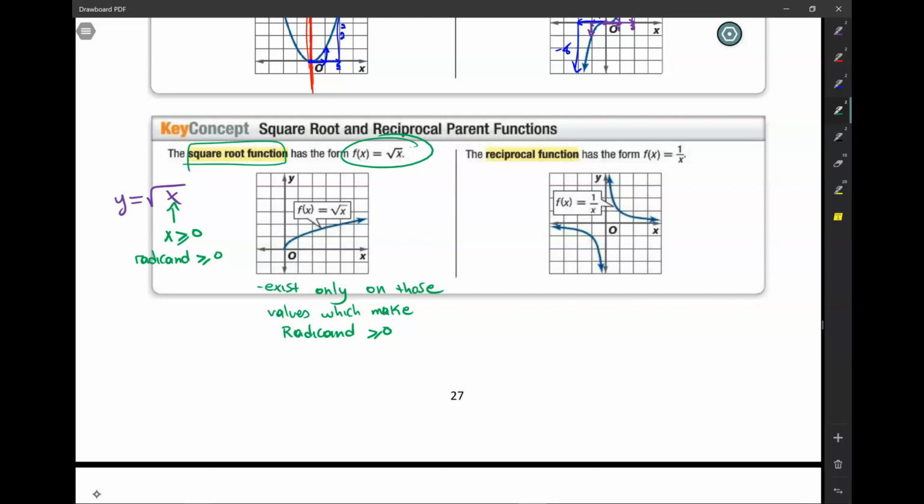So if it's the square root of x, clearly it's going to exist over x equals 0 and up, okay? But now, what if I have the square root of 5 minus x? Right?